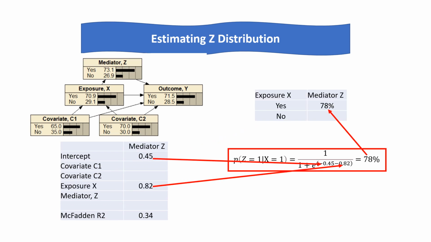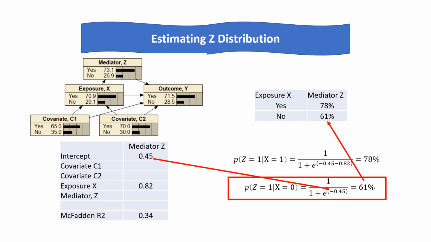The regression equation is also used to calculate the joint distribution of mediator Z. When X is present, this probability is calculated from the regression equation to be 0.78. When X is absent, this probability is calculated to be 61%.